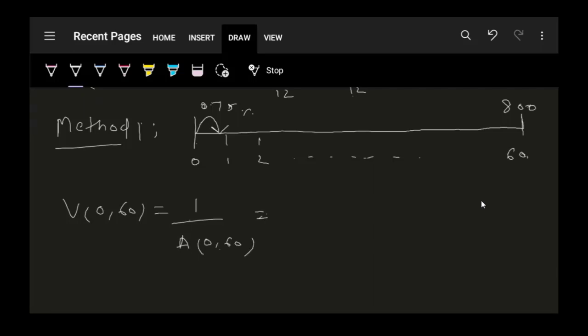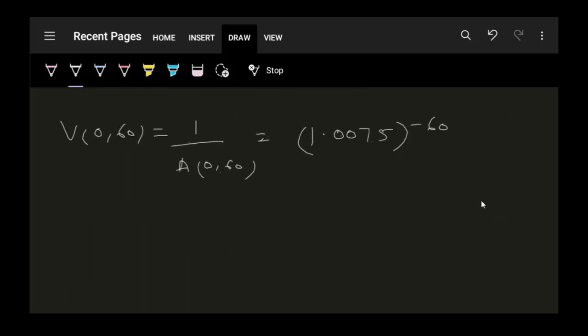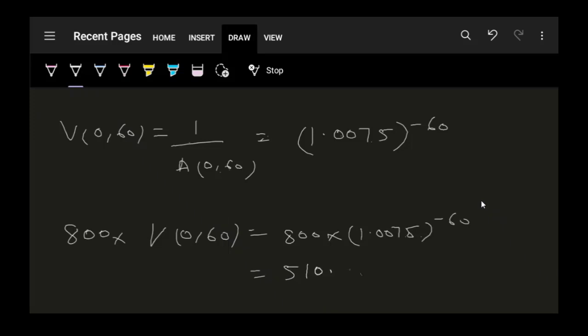This will come out to be 1.0075 to the power minus 60, and I can now calculate the discounted amount of 800 by this, which will be 510.96.